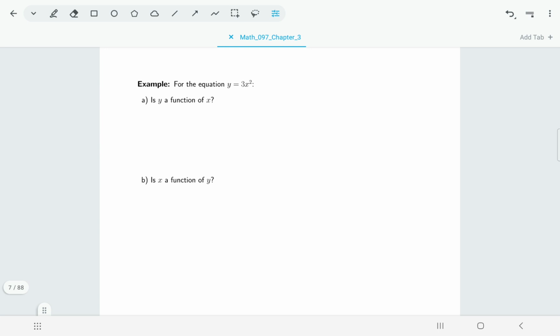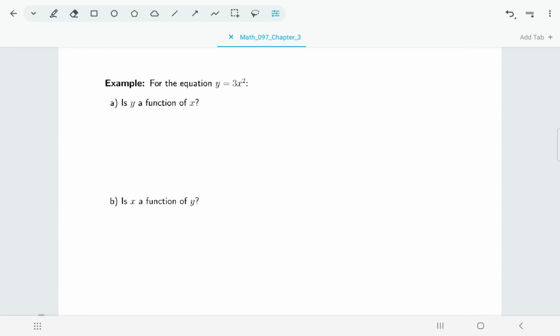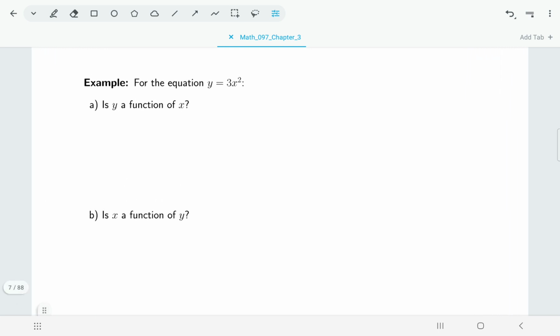Okay, so we have an equation, and here the equation is y equals 3x squared, and the question we have is: is y a function of x, or is x a function of y? Maybe both, maybe neither. There's no guarantee that when you have an equation that it's going to be a function. So when we ask ourselves whether this is a function of x, that means for every x, do we get exactly one y?